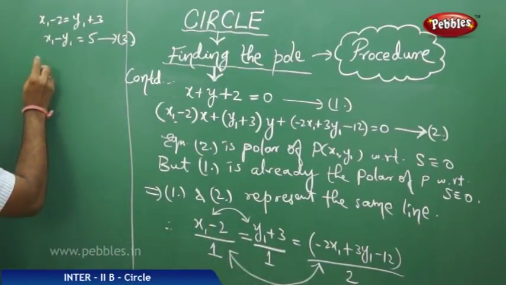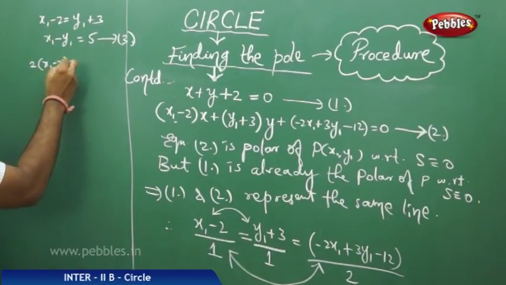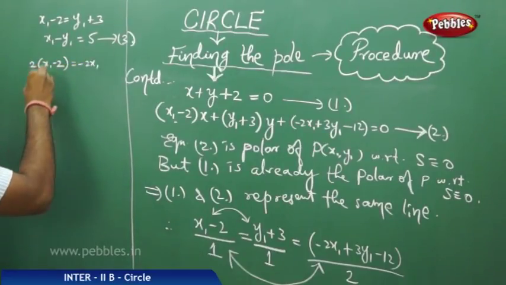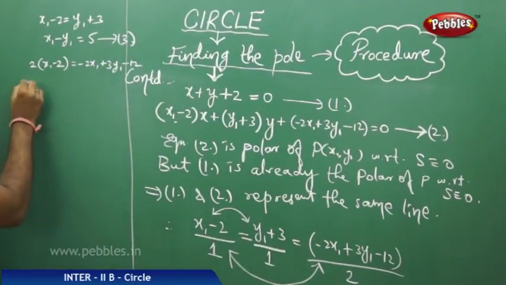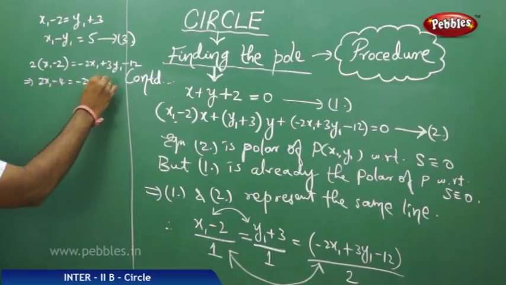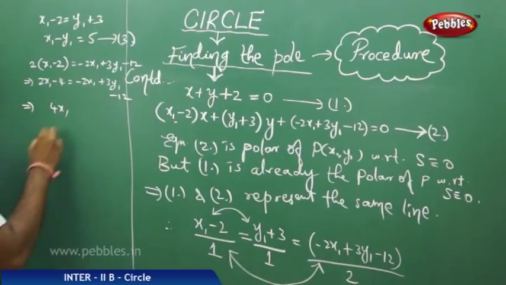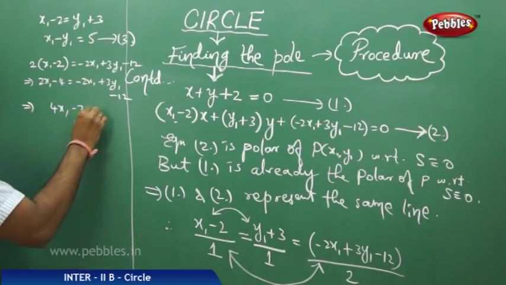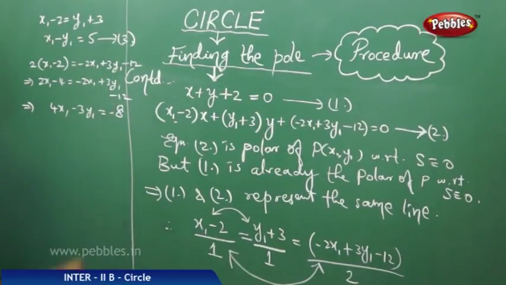So here I take the first and last: 2 times (x1 minus 2) is 1 times (minus 2x1 plus 3y1 minus 12), which on simplification gives 2x1 minus 4 equals this, minus this, which on further simplification gives 4x1 minus 3y1 equal to 4 minus 12, which is minus 8.